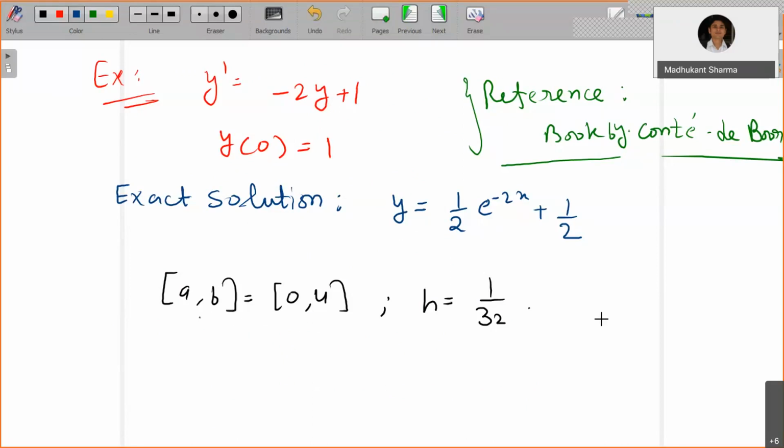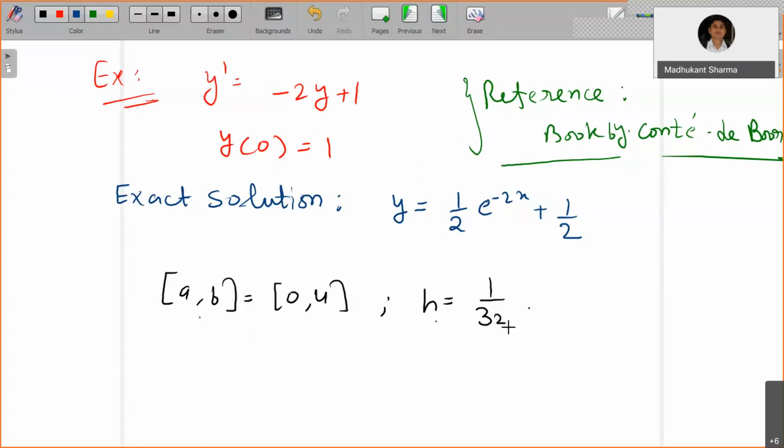This example is taken from the book by Conte and de Boor, who obtained the solution of this problem over the interval 0 to 4 with step size h equals 1 by 32.